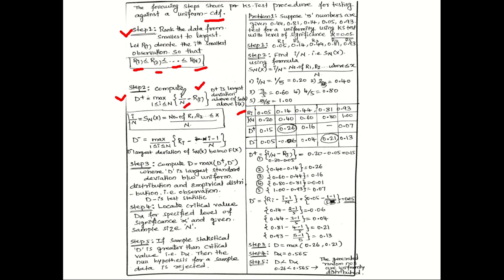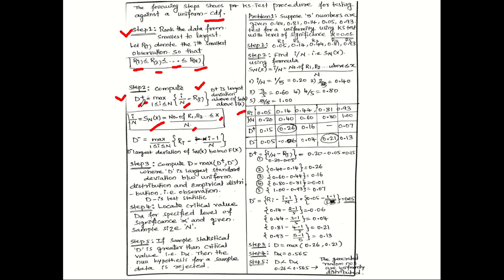Here i divided by n is nothing but the empirical distribution, that is Sn of x. Sn of x is equal to the number of random numbers which are less than or equal to x, divided by n. After calculating Sn of x for all the observations, we will find d plus.